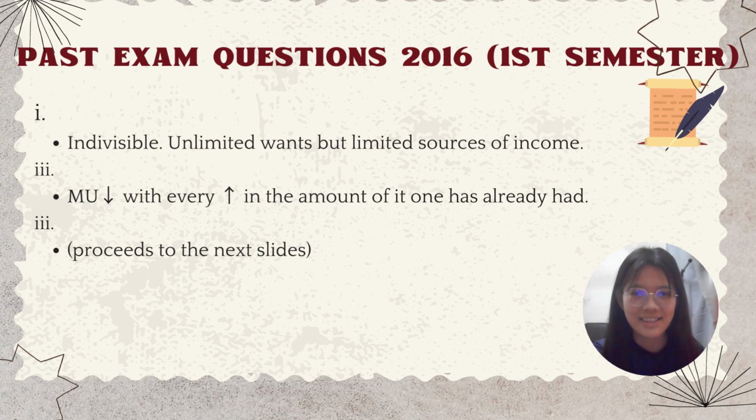Or in easier sentences, unlimited wants of someone but limited sources of income. Next, the law of diminishing marginal utility. Marginal utility of a commodity to anyone diminishes or decreases with every increase in the amount of it he has already had.